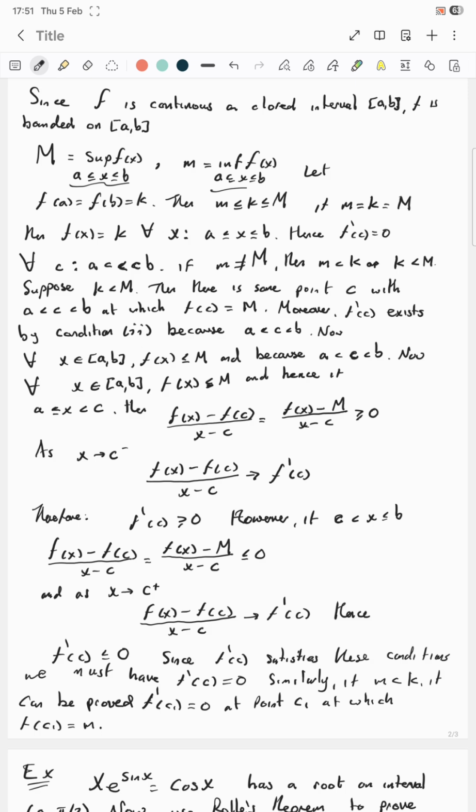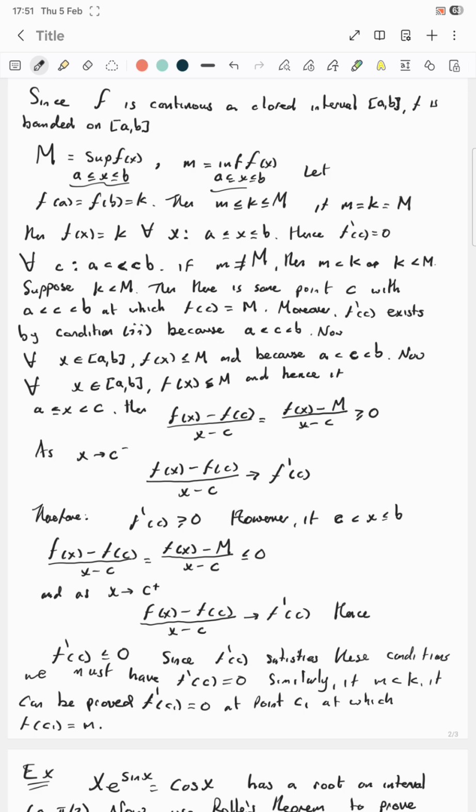Then m is less than or equal to k, and M is greater than or equal to k. Now, if m equals k equals M, then f(x) equals k for all x such that x is bounded between a and b.